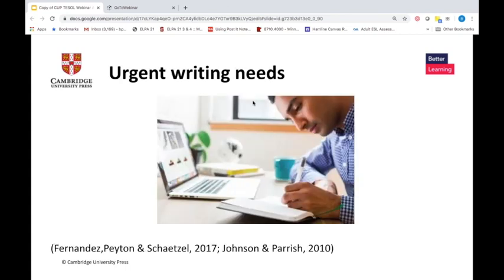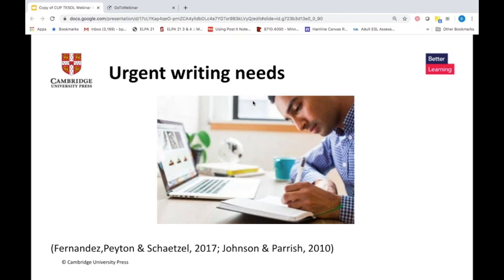Now, we might think that things have changed quite a bit, because with the advent of the college and career readiness standards here in the United States and some other frameworks around the world that are pushing us to promote more rigorous instruction, we've seen a shift, and people are teaching academic reading and writing that goes beyond basic skills like skimming and scanning or writing short narrative reports.